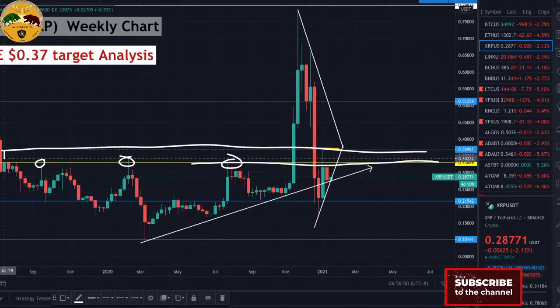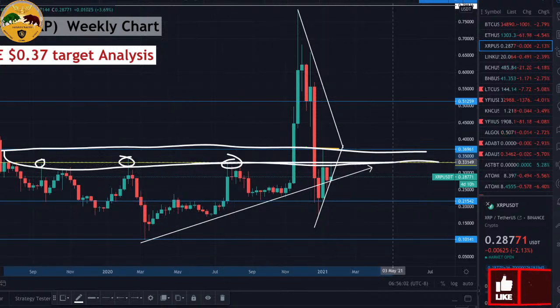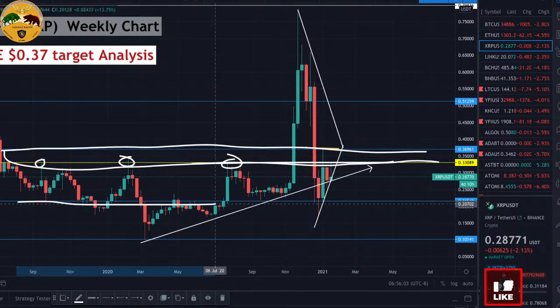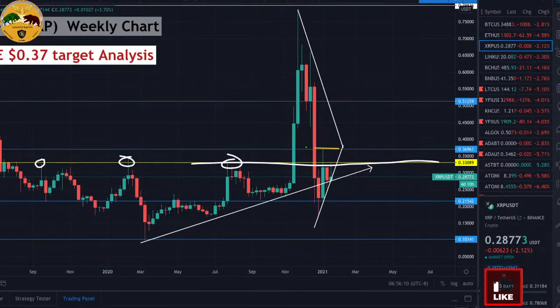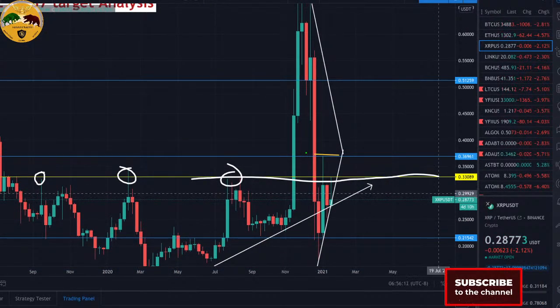So all this area is a resistance, just like all this area is our support, right? So it's an area, not a line. So don't mistake it and say this is the particular point that price must reverse on. No, that's the mistake most of us make. Support is nothing but an area, and resistance is nothing but an area.